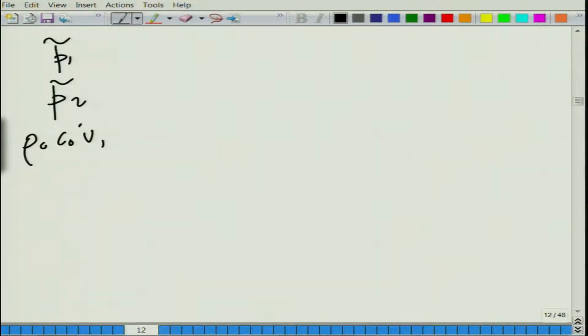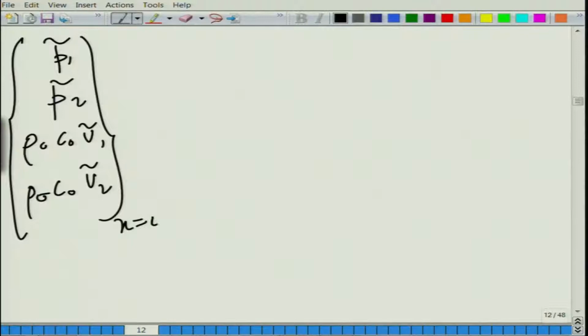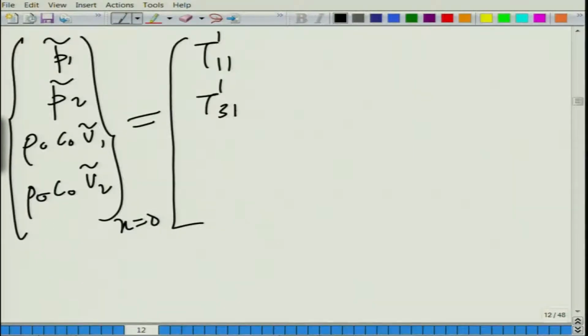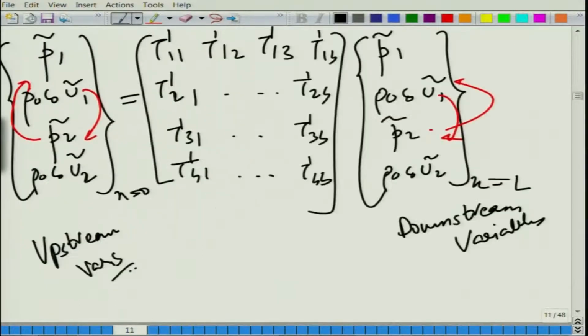So, here this is looking like this. This would be T11 and this would clearly be T31. So, this is a fairly easy thing. Since we are moving P2 in the second spot and rho naught C naught U1 tilde in the third spot in the column, we would basically reshuffle.